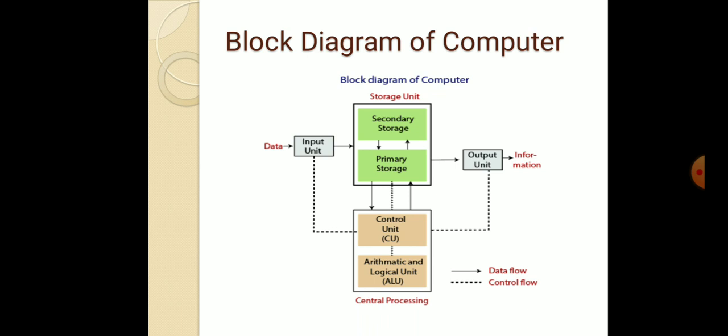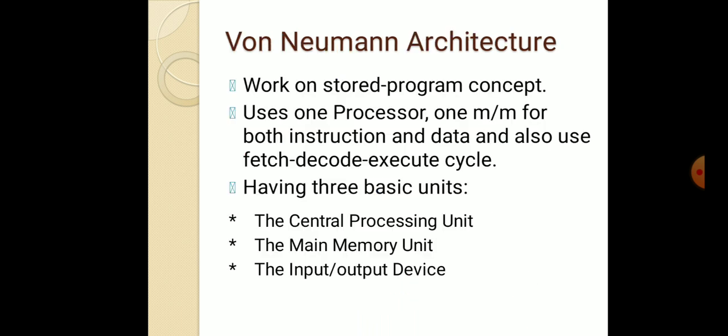Now we are moving to our next slide where we have the von Neumann architecture. In von Neumann architecture, first of all we have the concept of the stored program. Now the question arises, what is a stored program? Basically we can categorize computer systems into two parts: number one is the fixed program computer and the second one is the stored program computer.